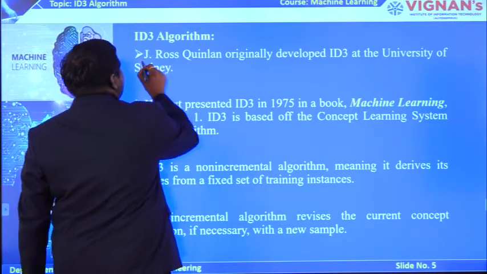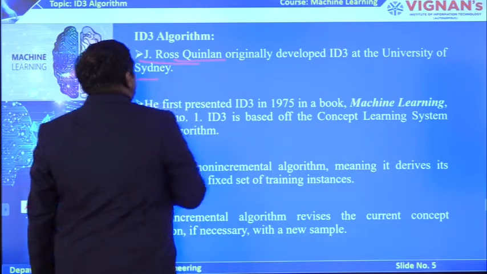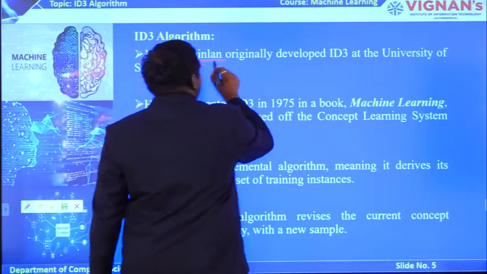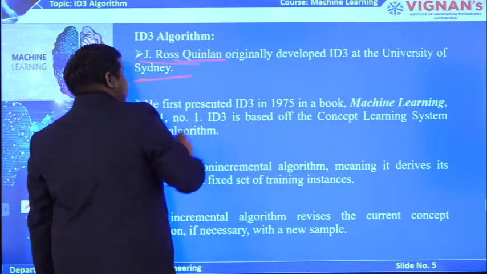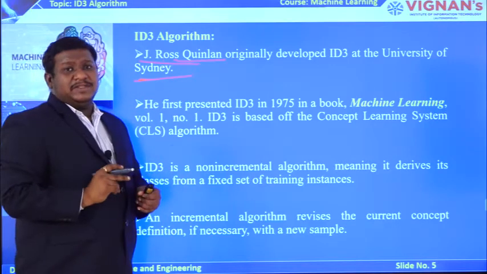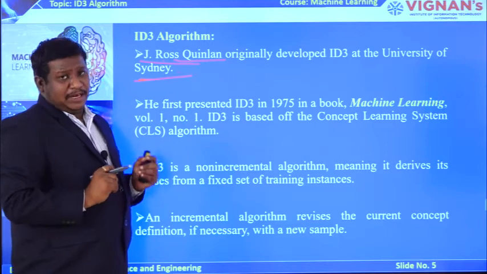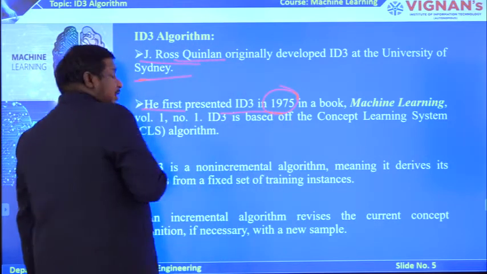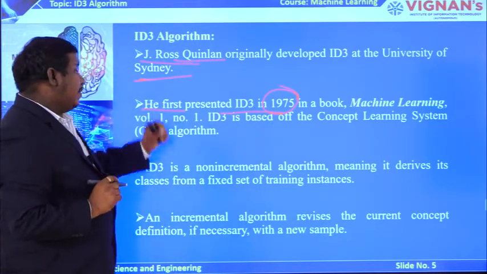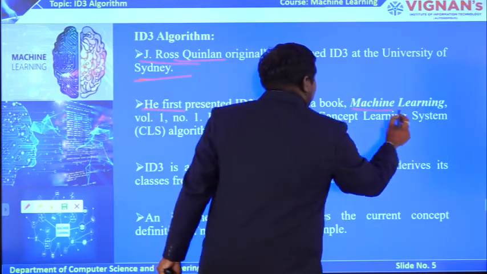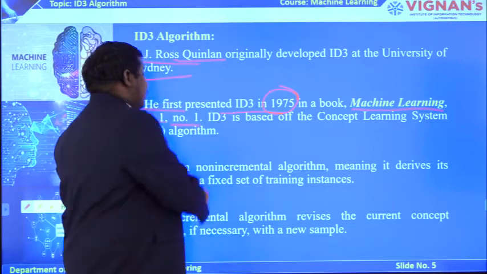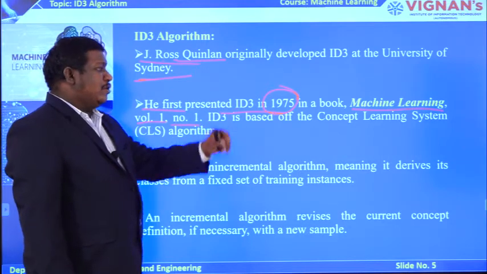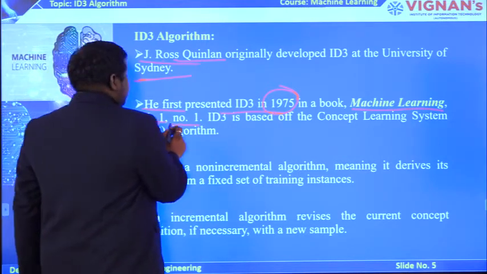This ID3 algorithm was developed by J. Ross Quinlan, the famous scientist, at the University of Sydney in Australia. It was first presented in 1975, in a textbook named Machine Learning, Volume 1, Number 1.